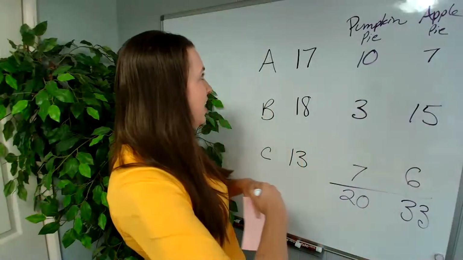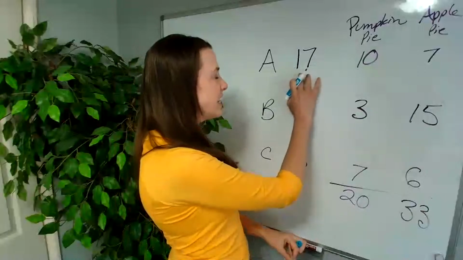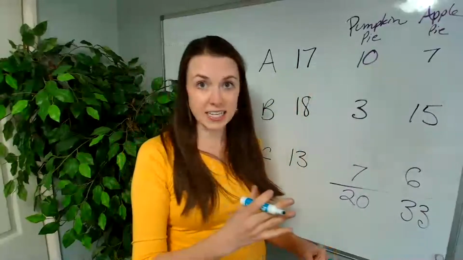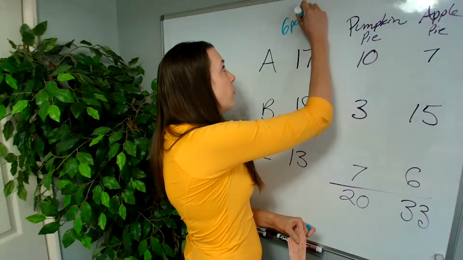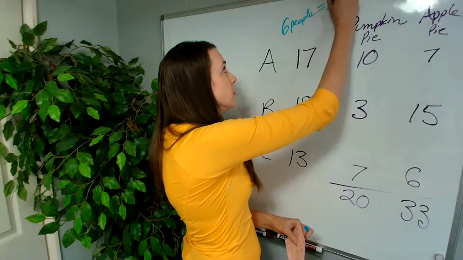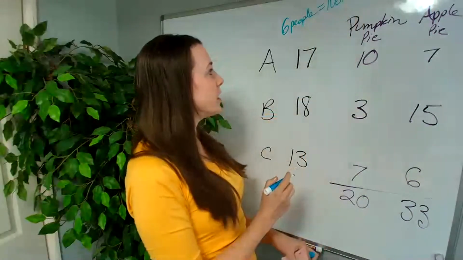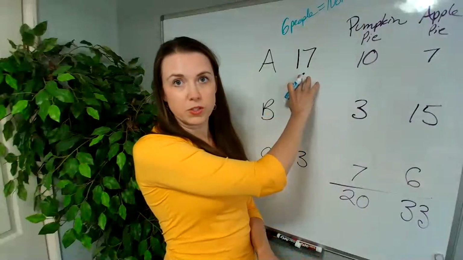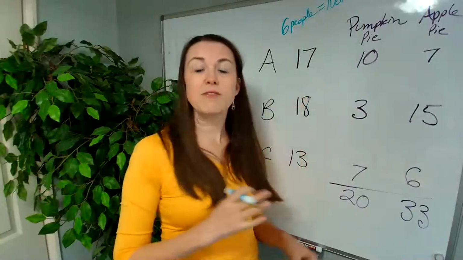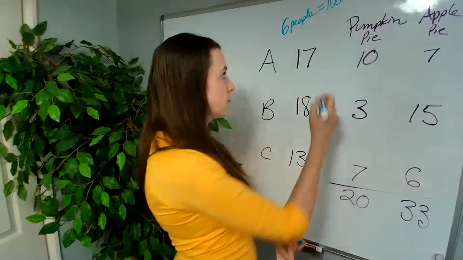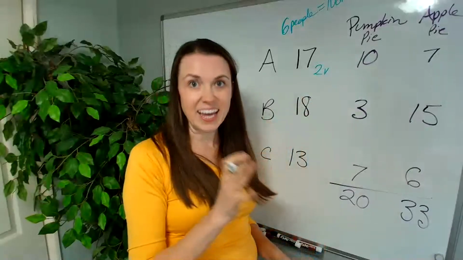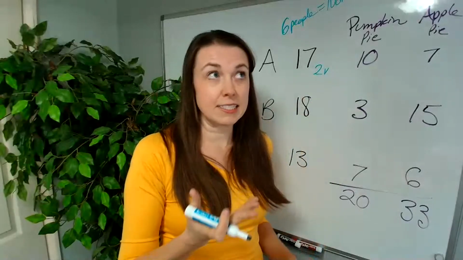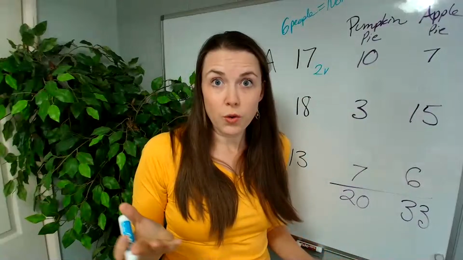Let's say that for every 6 people, we get 1 vote. Here we have 17 people, so how many votes do they get? They get 2 votes, right? Because 17 divided by 6 is 2 with a remainder of 5.